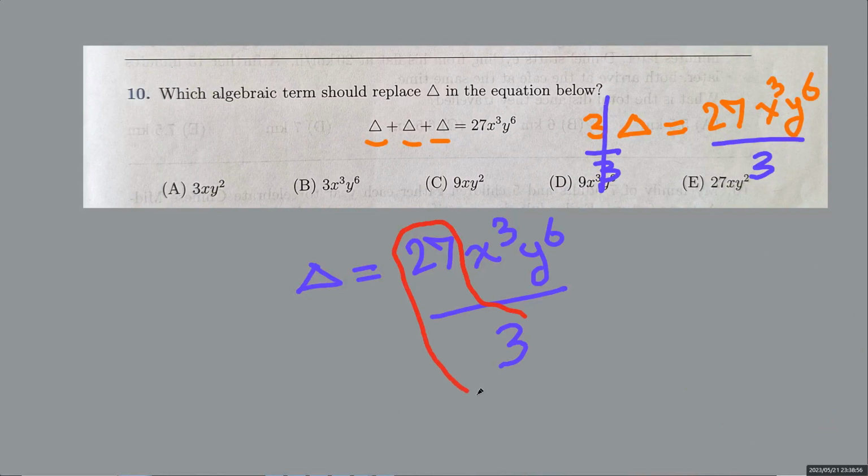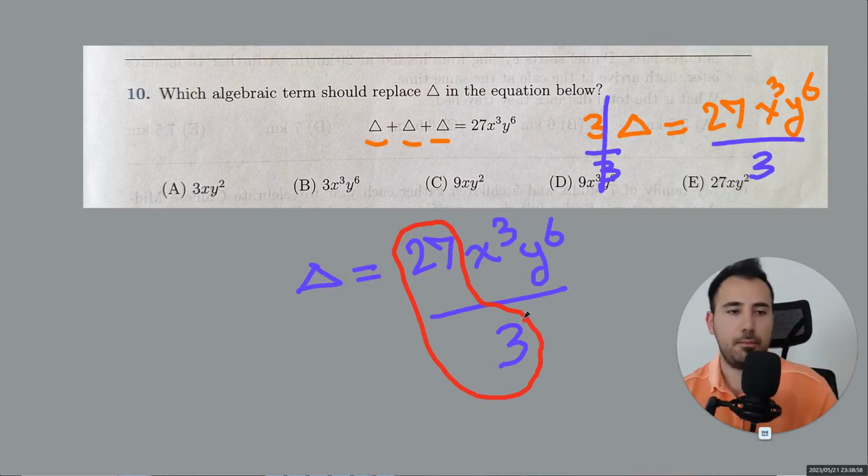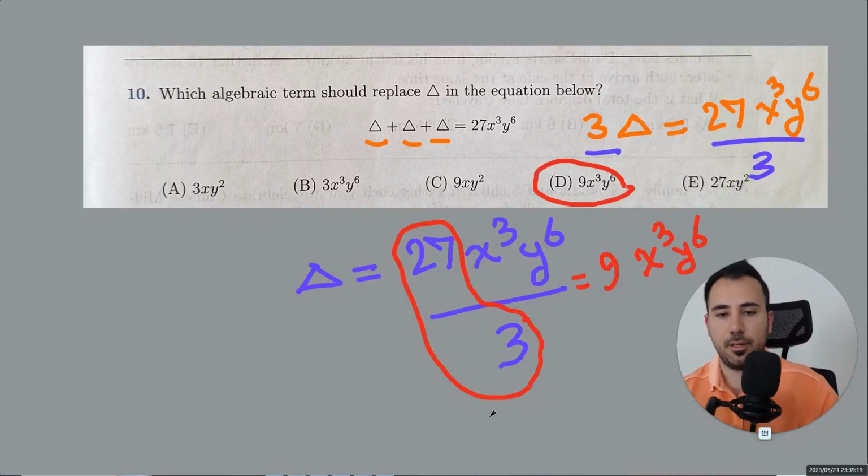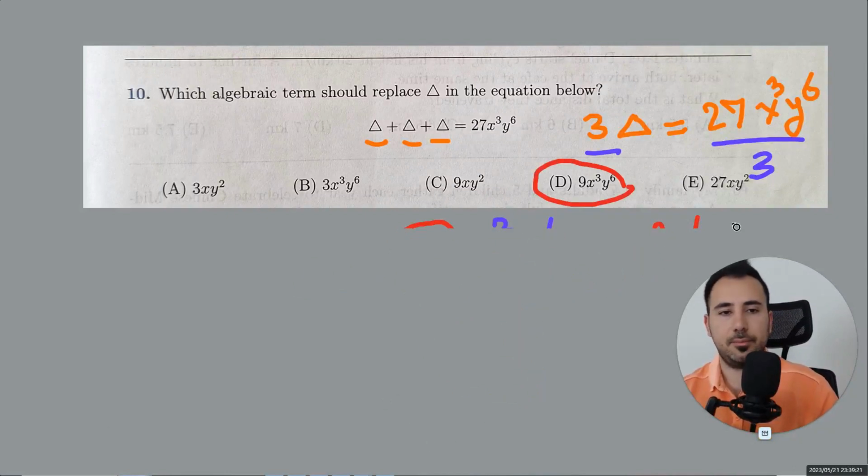We're dividing the coefficients, right? We're not going to touch the variables. 27 over 3 is going to be 9. The same thing, x cubed, y to the 6th are not going to change. So the answer will be B. I think it was easy.